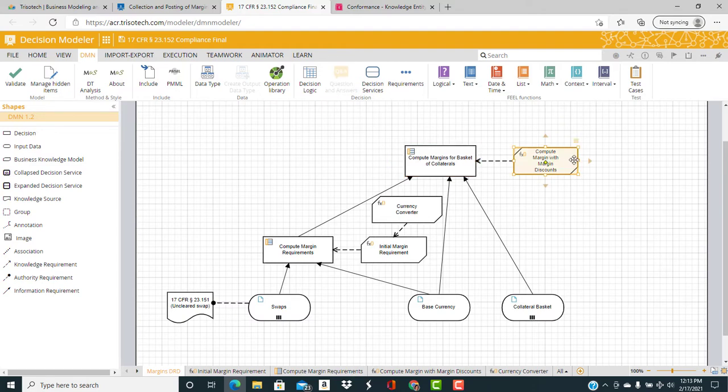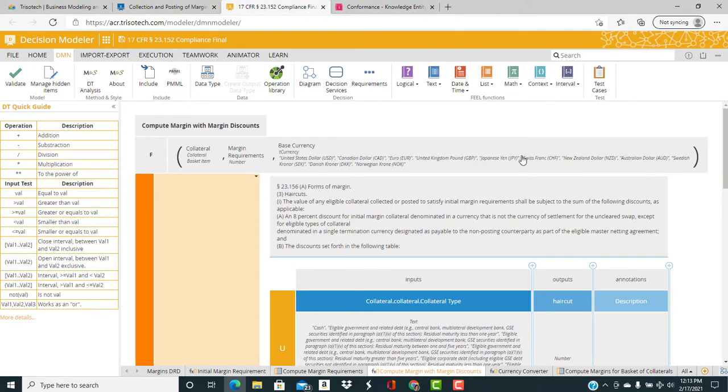Here, the business knowledge model compute margin with margin discount implements the logic for the collateral rules we described. Opening it up, we've implemented that logic in what's known as a context. And a context in either a BKM or decision allows you to develop a list or a sequence of steps to follow as part of your decision model.